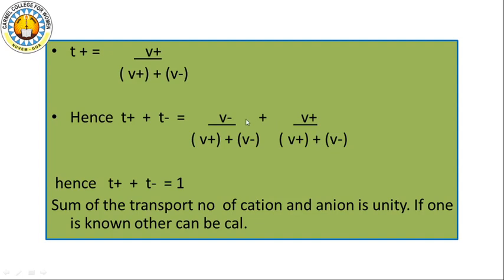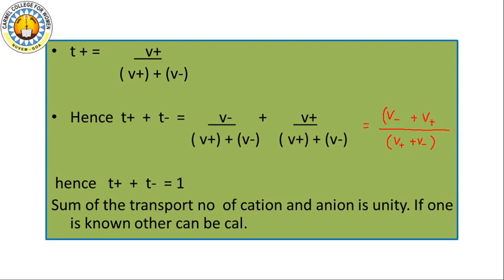So we have just added the above two equations, and when we take the LCM, the common denominator is V plus plus V minus. In the numerator we will have V minus plus V plus.